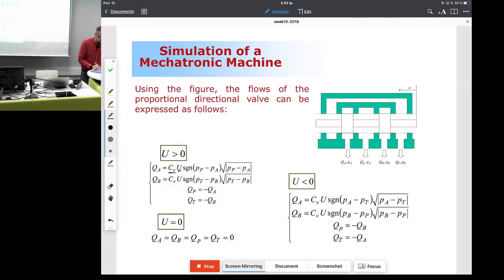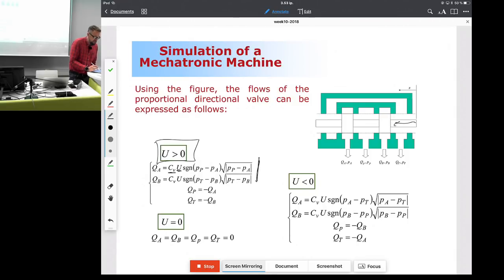Then I have here spool position. Again, I'm using this sine function to make sure that I can describe the flow in two directions. Because in theory, it's possible that the flow is not traveling from the pressure side to A, but the other way around. It is accounted for in a similar way as in a throttle valve. This describes the situation when the u, which is the spool position, has a positive value, meaning going in this direction.